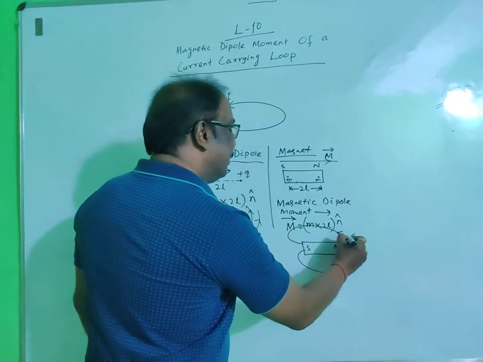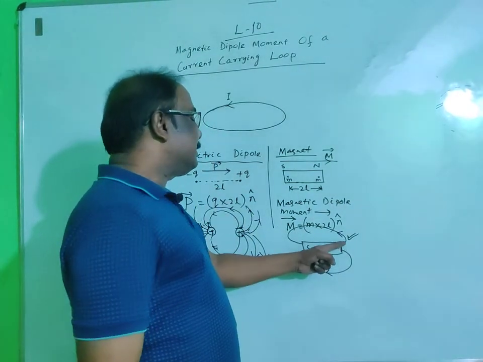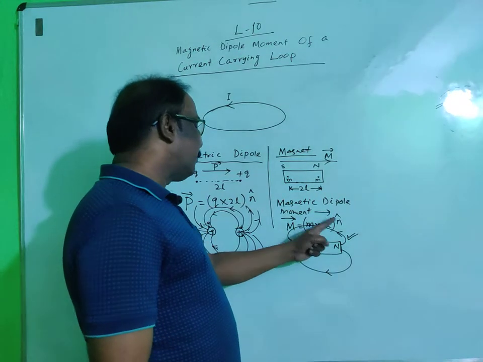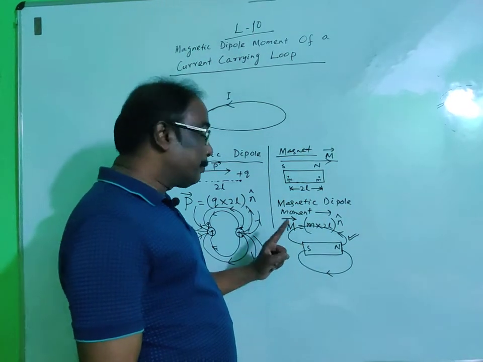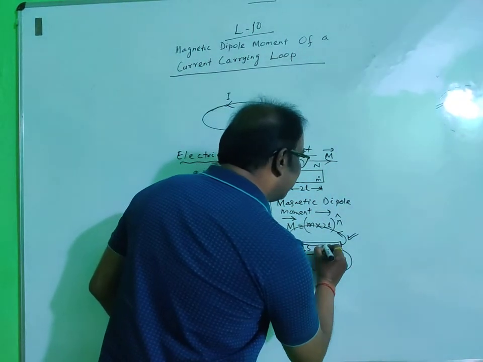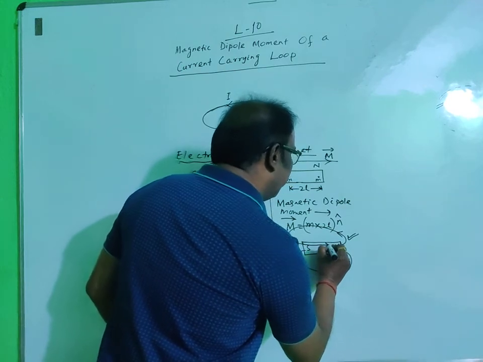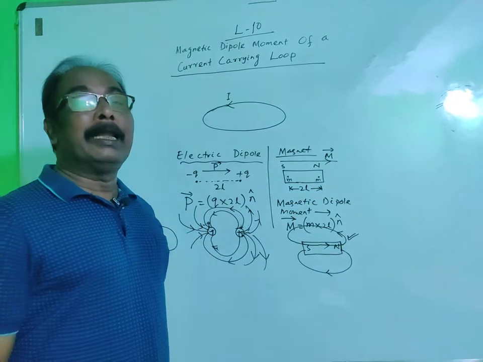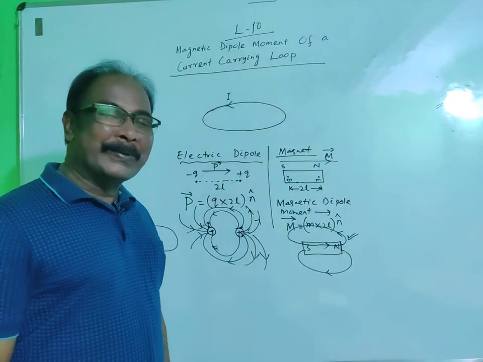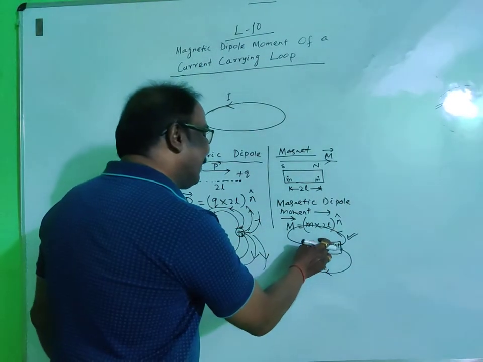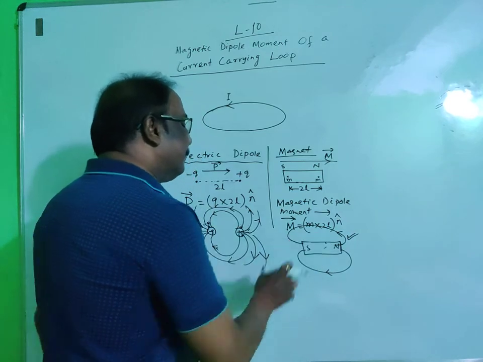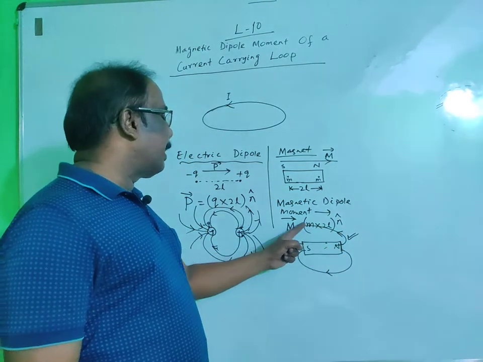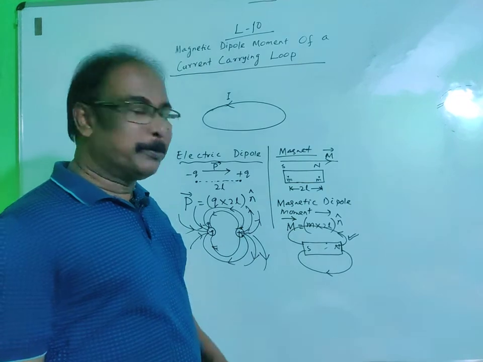Say this is a magnetic field line starting from north and ending at south, but inside the magnet, the direction of the magnetic field line is from south to north. So magnetic field lines can be closed curves. Outside the magnet, magnetic field lines start from north and move towards south.